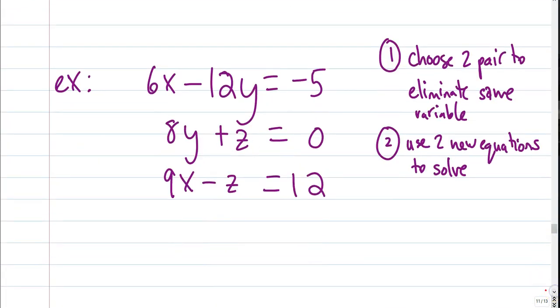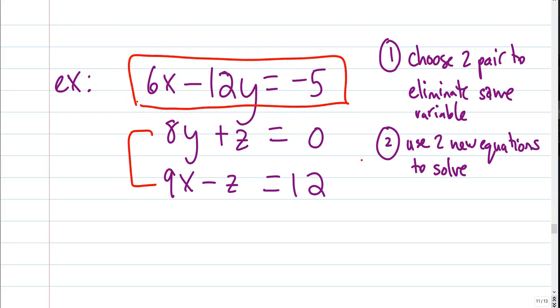Again, choose 2 pair. I'm just going to keep following those steps. Well, the good news is, once again, if you're terrified of z's, these are really nice to cancel out. But this one already doesn't have a z. I'm going to box that in as one of my new equations. Why? The z's are already missing. So that part of that first step is already done. It says choose 2 pair to eliminate the same variable.